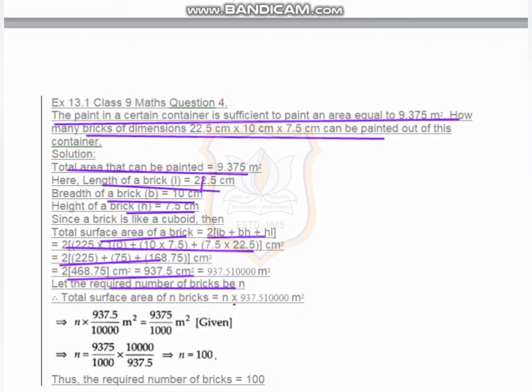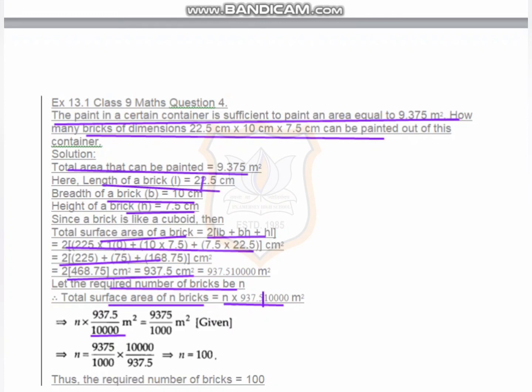Let the number of bricks be n. So the total surface area of n bricks equals n into 937.5 centimeters square, which is n into 937.5 upon 10,000 meters square, equal to 9375 upon 1000 meters square.